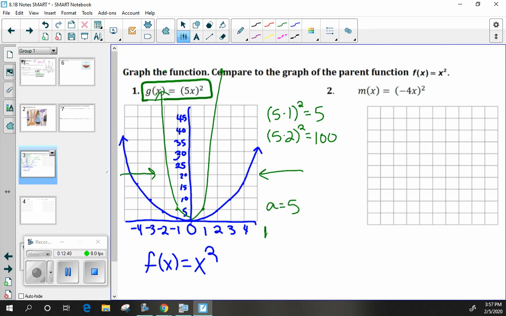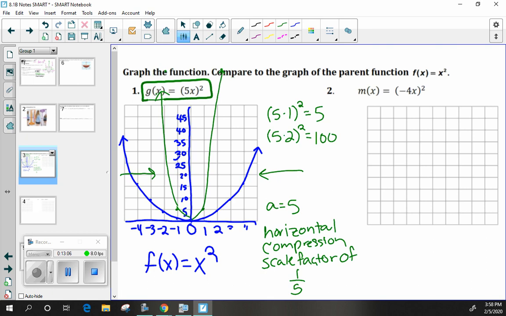So we have a horizontal compression with the scale factor of 1/5.